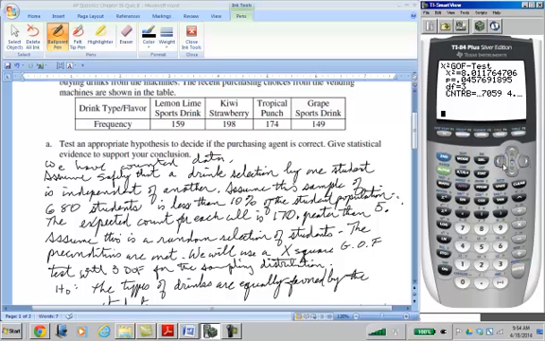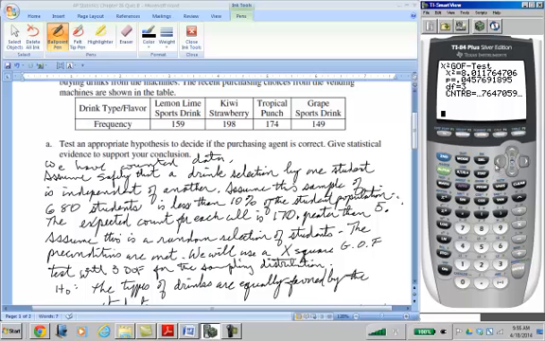It would be easier to calculate these and put them into a table. So anyway, we're going to continue in a second. So with the p-value below 0.05, we reject the null hypothesis. There is evidence that the students do not select the drinks equally.